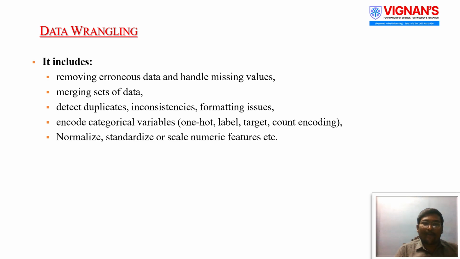Then normalize, standardize, or scale numerical features. Make data useful. This is the major step which is useful for making the outcome of a product. This step is defined as data pre-processing.